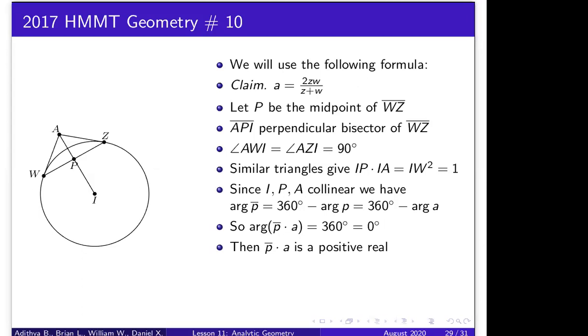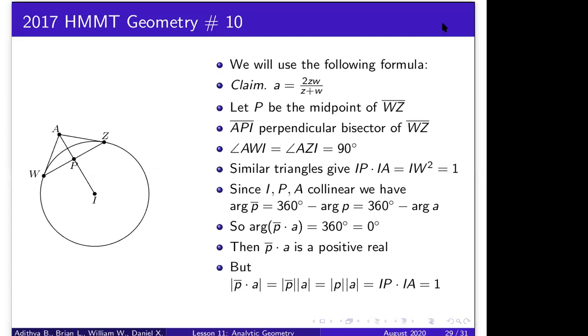Now let's return to the equation we have up there. IP times IA is IW squared, which is 1. Well, what does this mean in terms of complex numbers? That means that the absolute value of P times the absolute value of A is 1. But the absolute value of P is the same as the absolute value of P bar, which means the absolute value of P bar times the absolute value of A is 1. So we have the whole chain of equalities here.